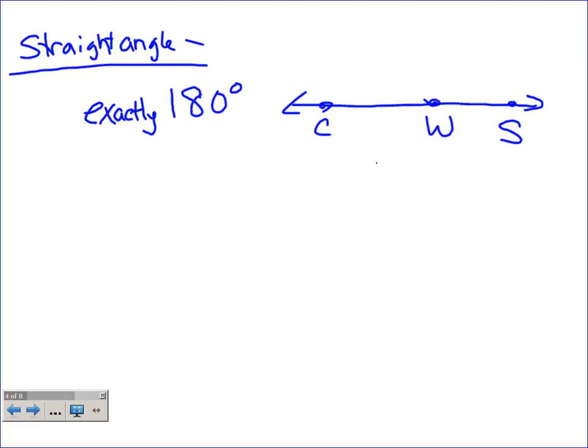How could you name this angle? Someone raise your hand, tell me how to name this angle. That's one way to name it, CWS. How's another way to name this angle? You can name it SWC. And the last way you could name this angle?